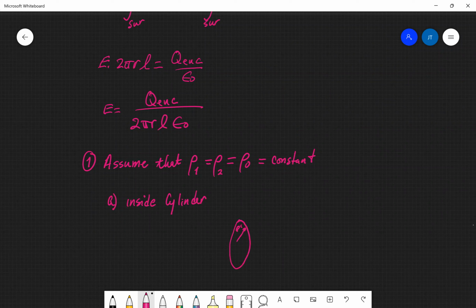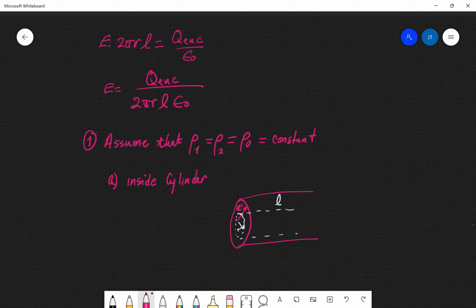And my Gaussian surface, I take it a cylinder of little radius r, length L, inside it. So little r is smaller than capital R. This equation is asking me to compute the Q enclosed in this Gaussian surface.